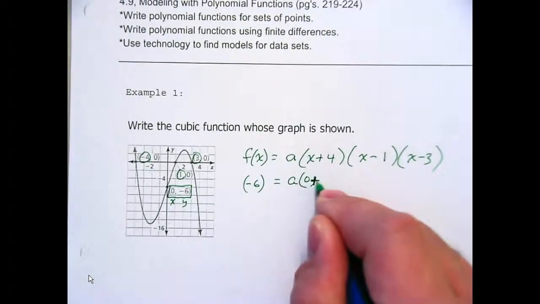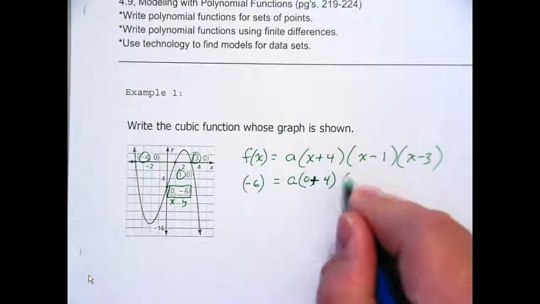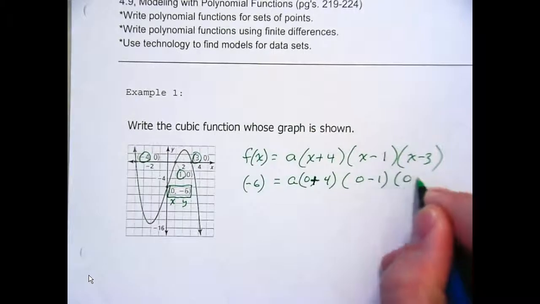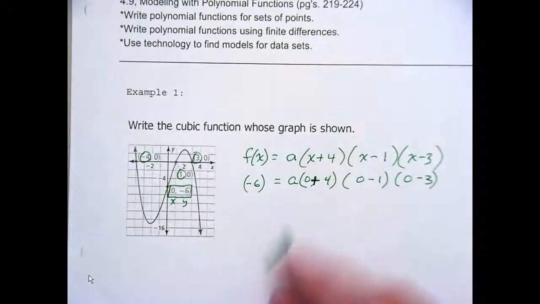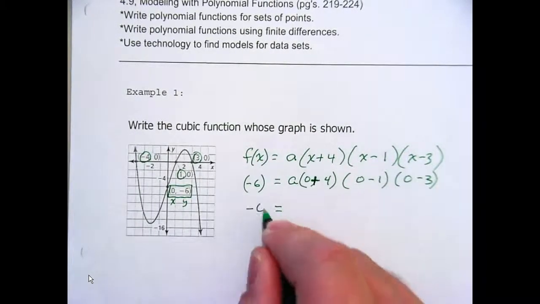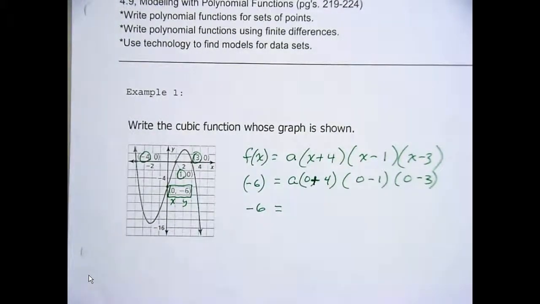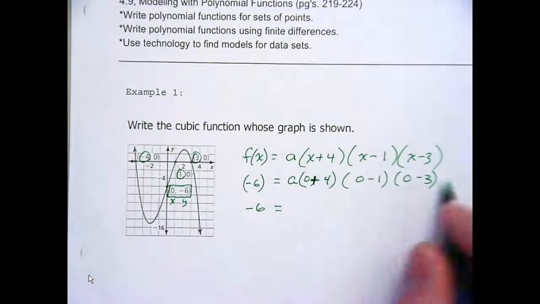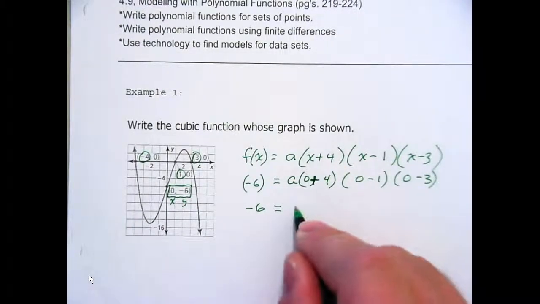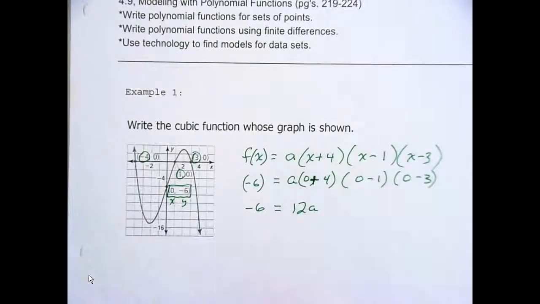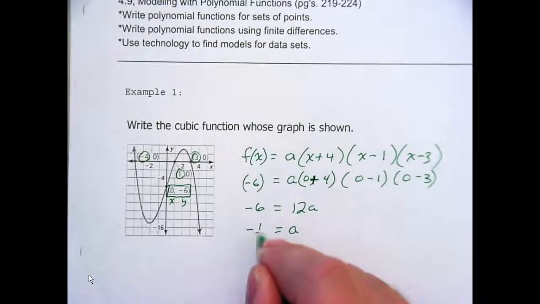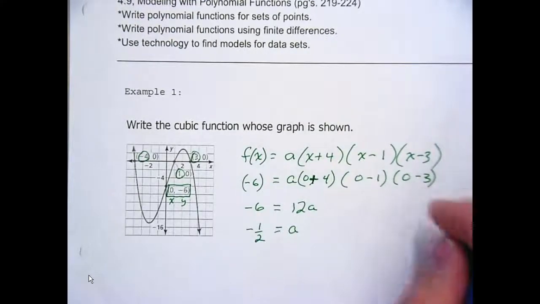We're using a point on the graph to calculate a. Very similar, you've used this process quite a bit. So 4 times -1 times -3, we also call that 12. So 12a. So a is -1/2.